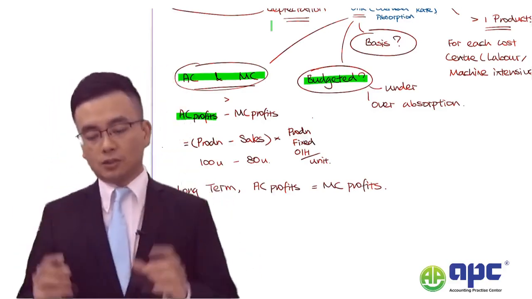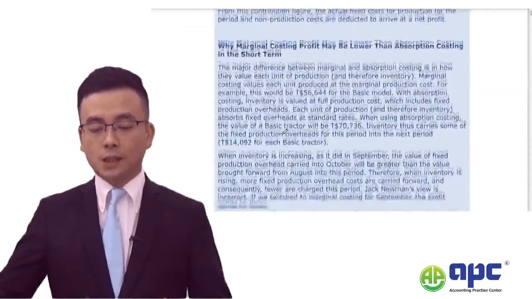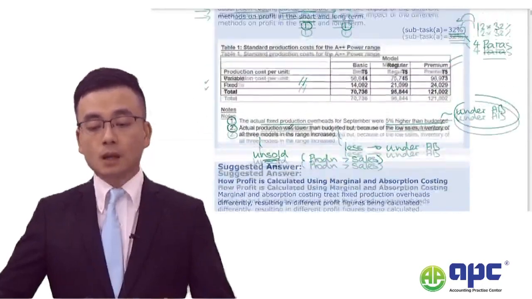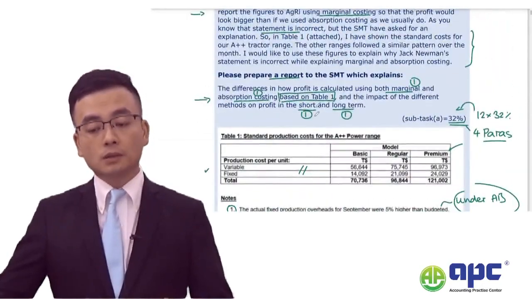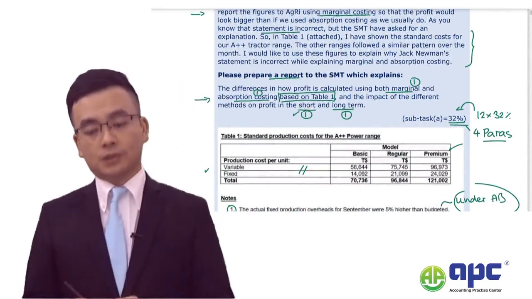Now, how do I construct this answer? Of course, you can see the suggested answer here. But I will need to tell the examining team, for example, I like to take impact on profit in the short term.